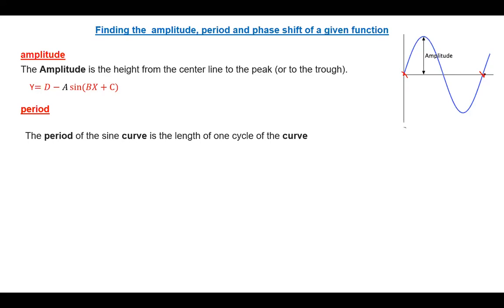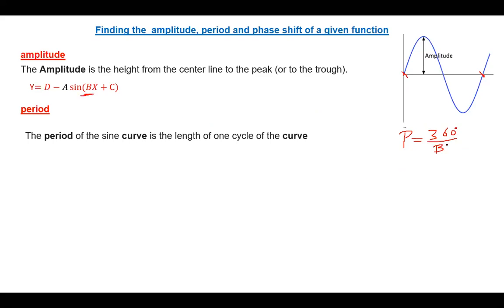When calculating, the period is found by taking 360 degrees, meaning one complete cycle, and dividing by B. What is this B I'm talking about? This is the B I'm talking about, this one here.